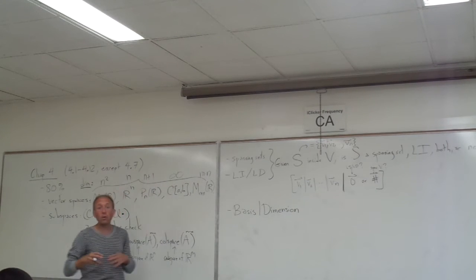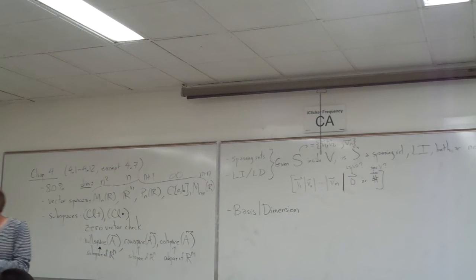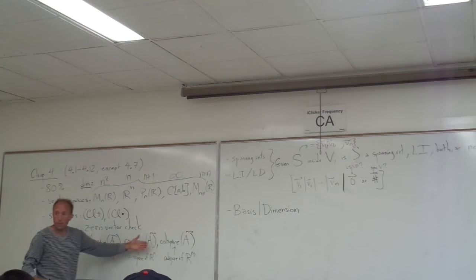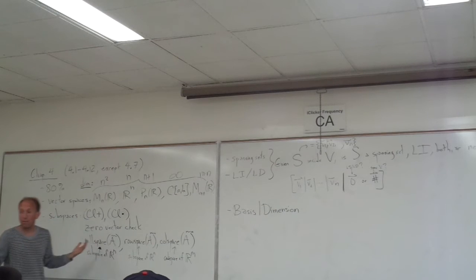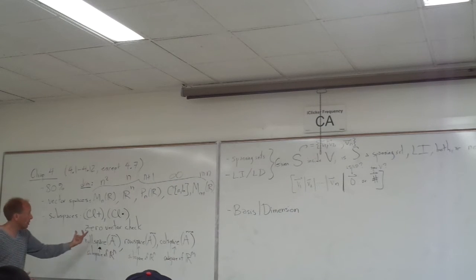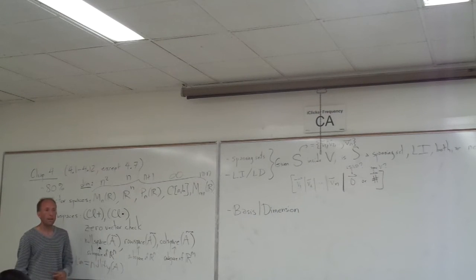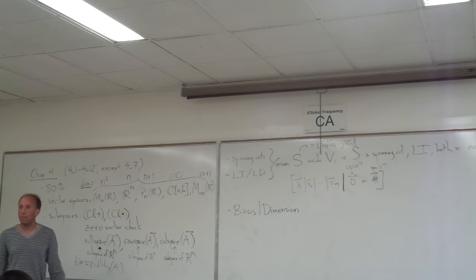Now, of course, a subspace also has a dimension because a subspace is a vector space. So things like these vector spaces down here, they also have dimensions. It's just I can't tell you numerically what that dimension is. It depends on the matrix, right? So the dimension of the null space, we call that the nullity of the matrix. The dimension of the row space, what would that be called?